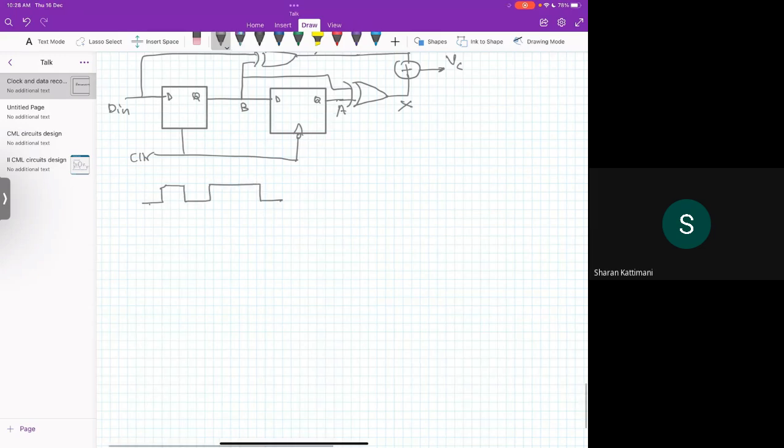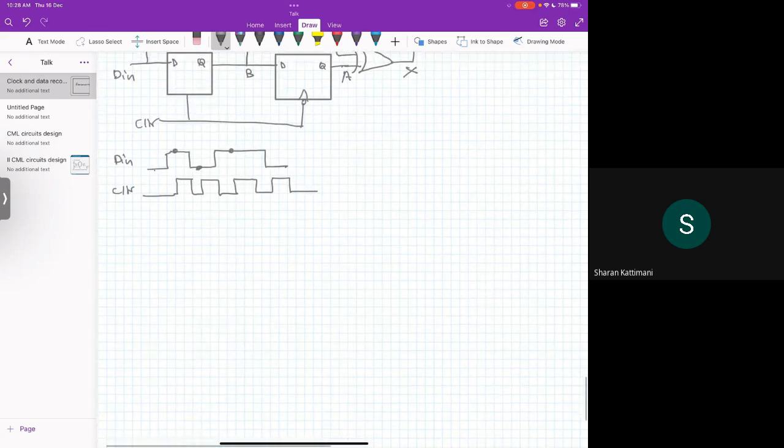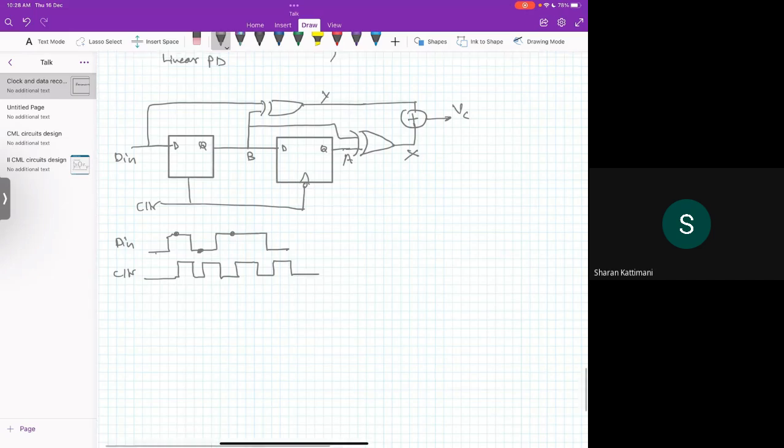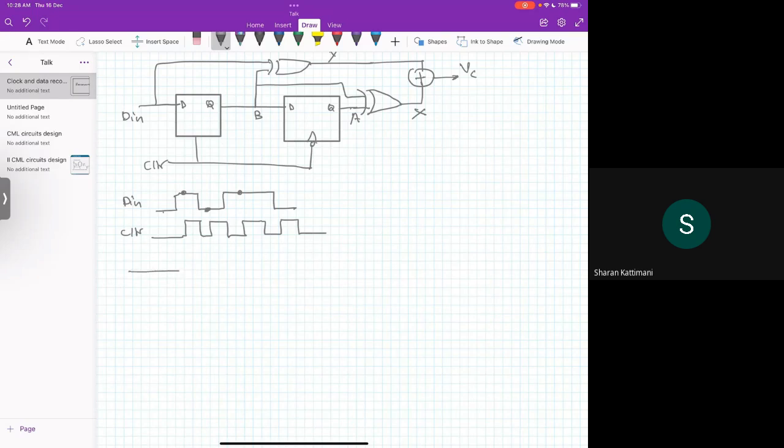I should represent it in the form of dots to show the clock edges, so that you will not get confused because of my poor drawing of these waveforms. If you look at B, B will be a delayed version of D, and that delayed version will be as per the clock.